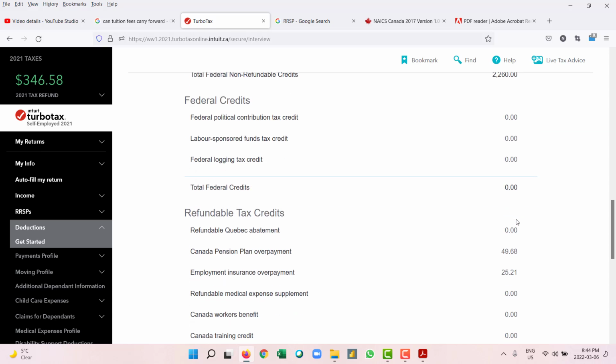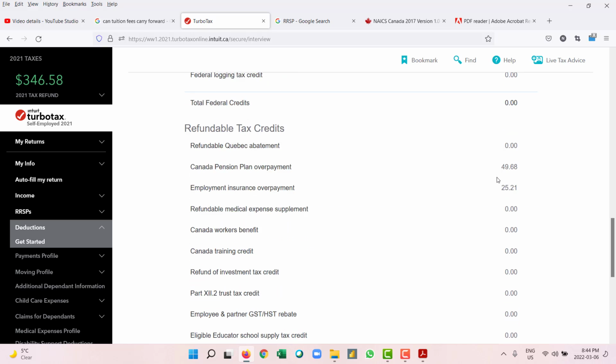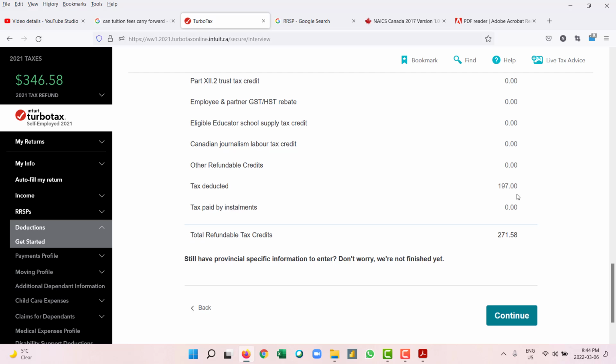These are all the things you can see: Canada Pension Plan overpayment 49.68, employment insurance 25.1, total refundable tax credit 271.58.